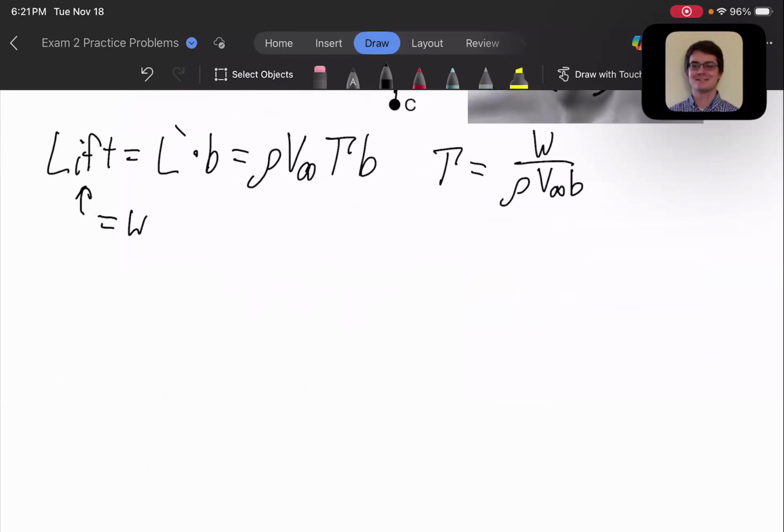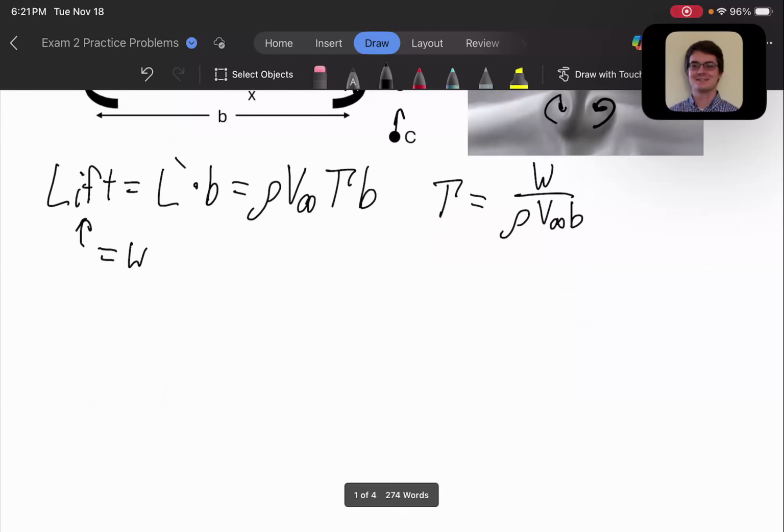Okay, so we do know gamma. That's a good one. What's the next step? The weight.